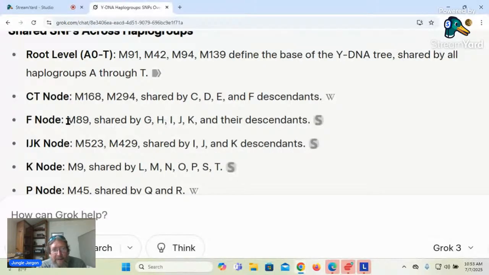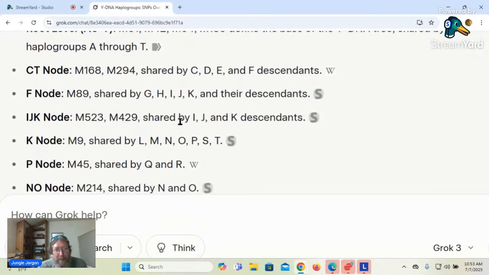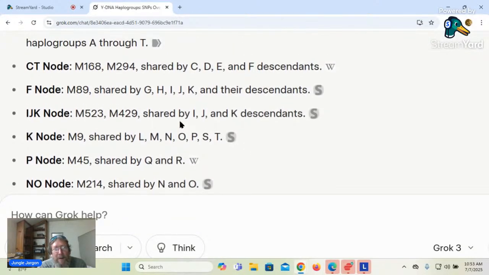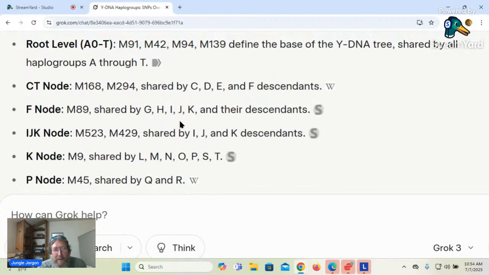They all have the same marker, it's all under the same marker, and then they have their unique markers that identify G, H, and I. But I was assuming that, oh, that's going to be hard to explain because each one of them has their own SNP marker, but that's not the case.